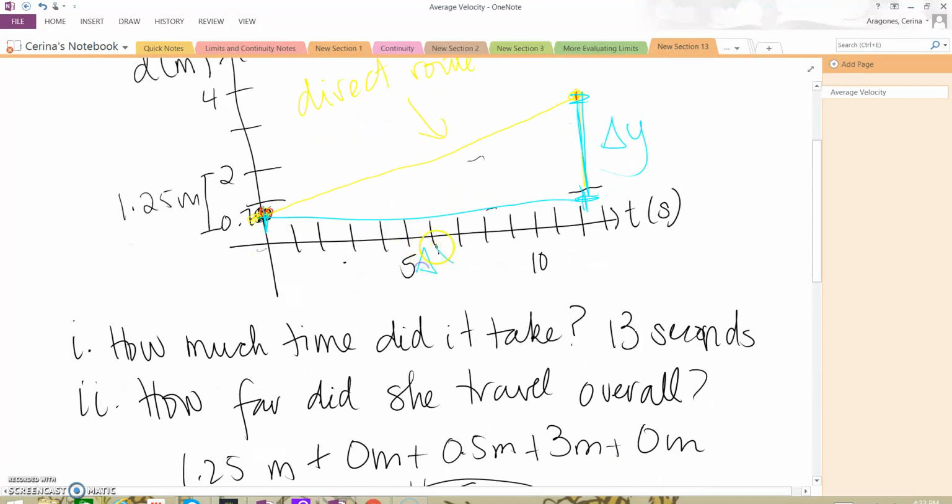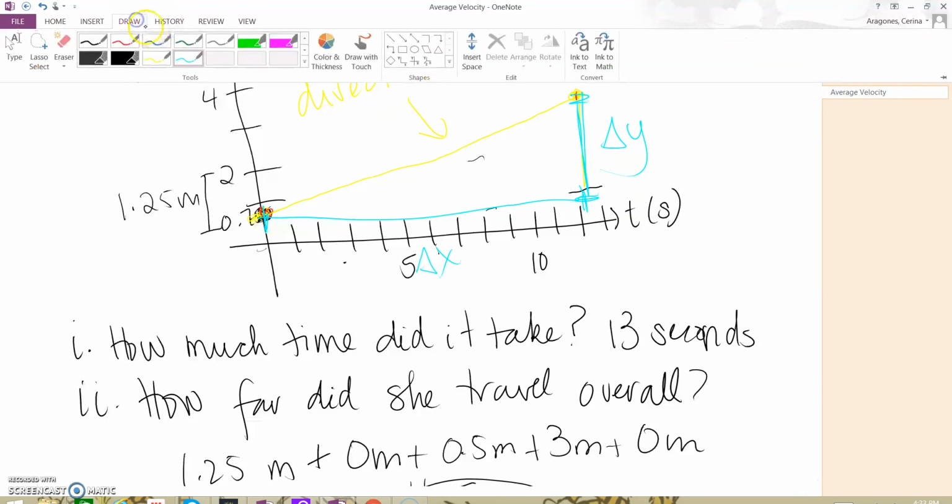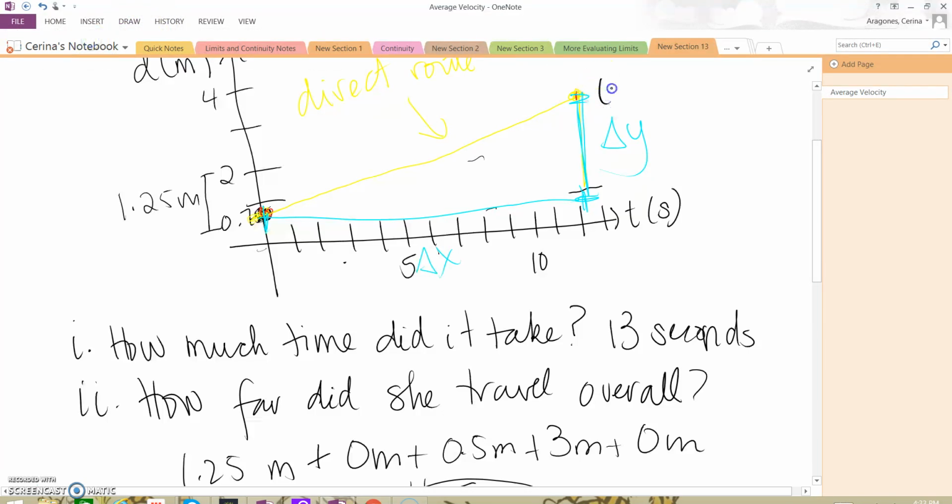Okay? So as you can see, her ending position is at about 13.5, and her initial position is at 0.75.